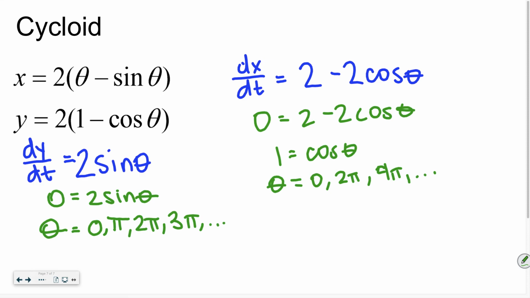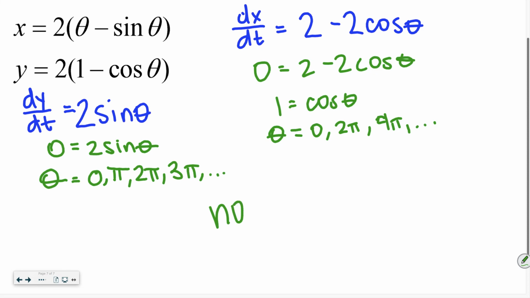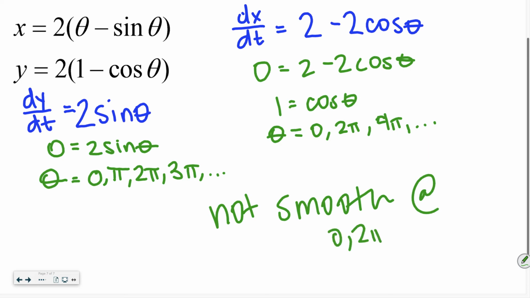Okay. So, are these ever simultaneously 0? Okay. So this is not smooth. That's piece 1. So it's not smooth at 0, 2 pi, 4 pi, basically 2 pi n, right? It's not smooth at 2 pi n, okay?